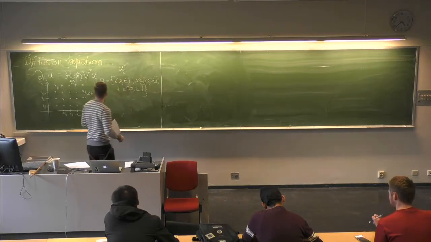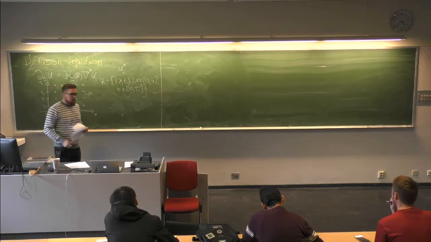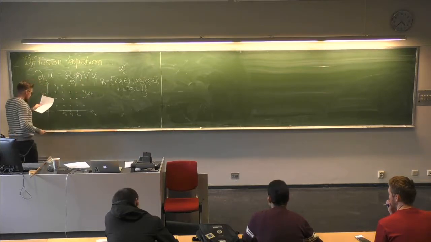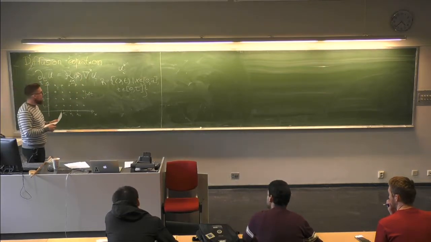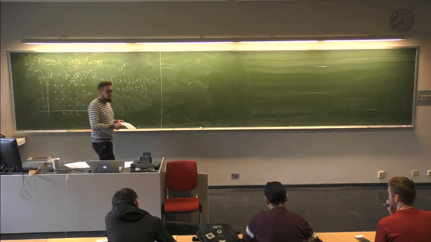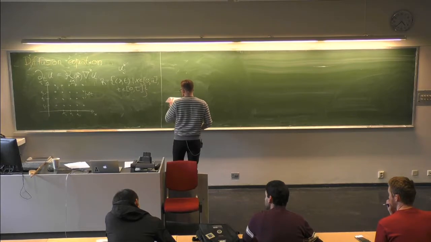So we were looking at a very straightforward way of discretizing this. And if you'll excuse me, I'll only do it in one spatial dimension and time. There's a lot less to write then.